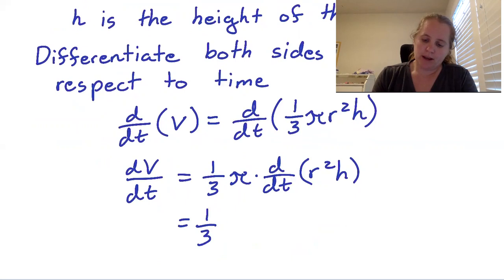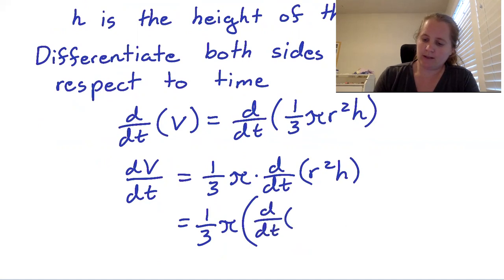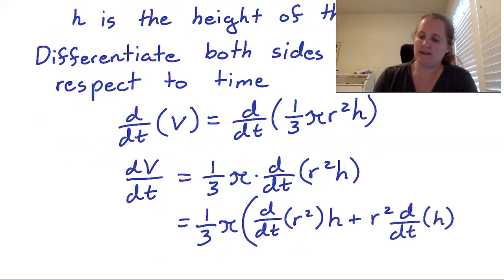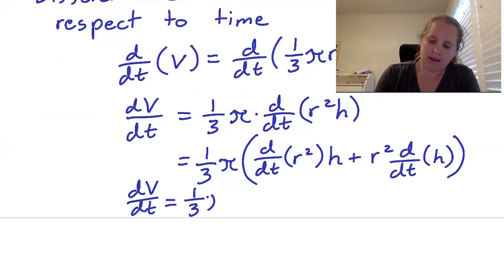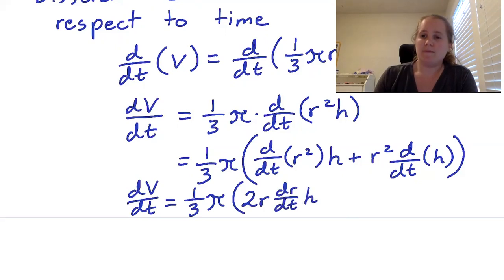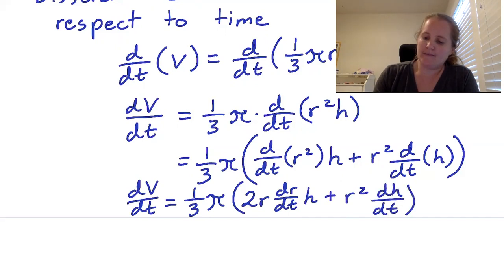This is 1/3 pi times the derivative of r squared with respect to t times h plus r squared times the derivative of h with respect to t. And so we wind up getting dV/dt is equal to 1/3 pi times 2r dr/dt times h plus r squared times dh/dt.